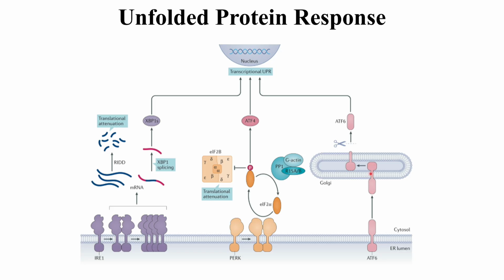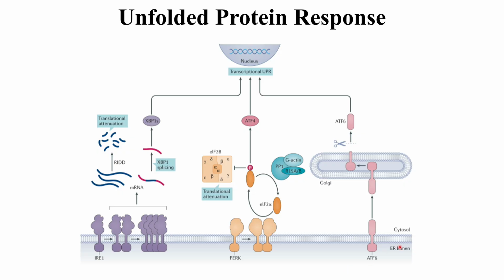There the Golgi trims it into an active form, and that active form of ATF6 goes straight into the nucleus, where it influences the expression of mRNA which codes for more chaperones. Those chaperones then go into the endoplasmic reticulum and further help in proper folding of the misfolded proteins.